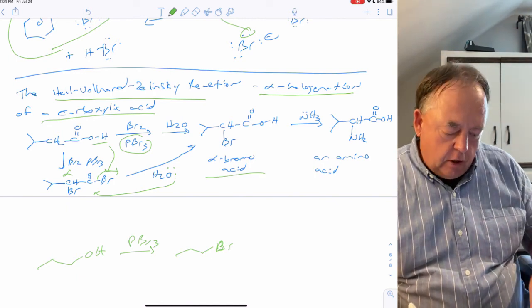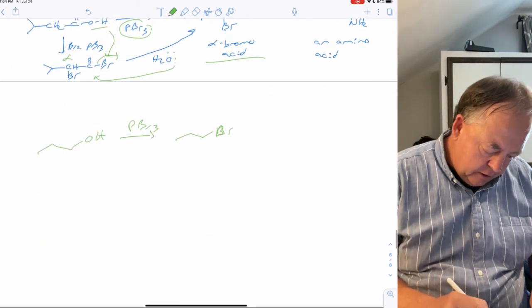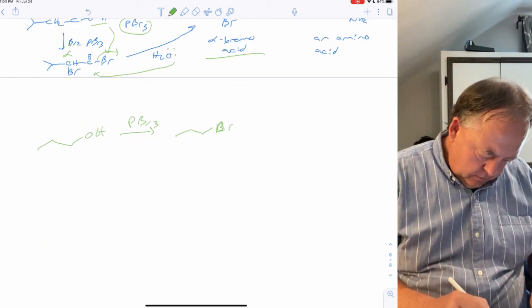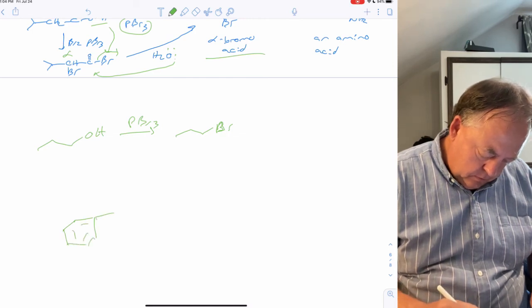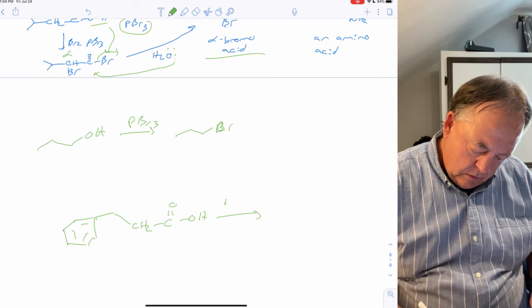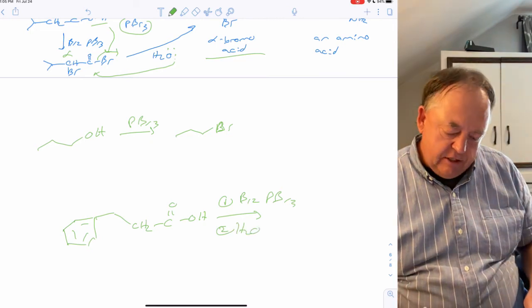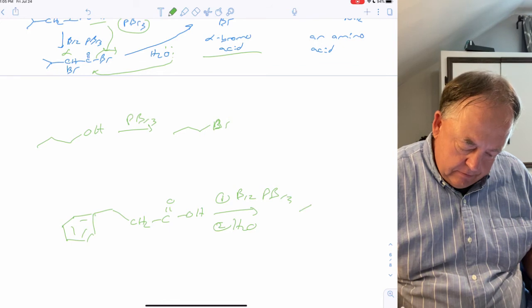So if you just did the carboxylic acid, Br2, PBr3, so let's take another example. If you just did that, that's the recipe to do an alpha halogenation of a carboxylic acid.